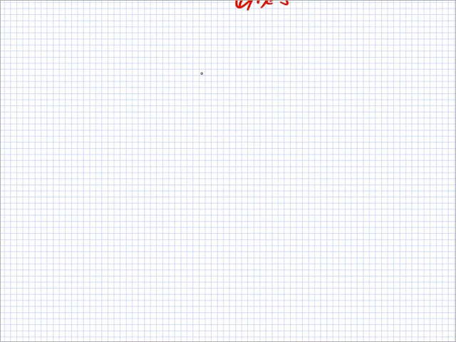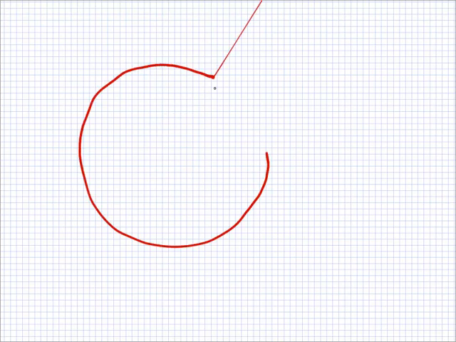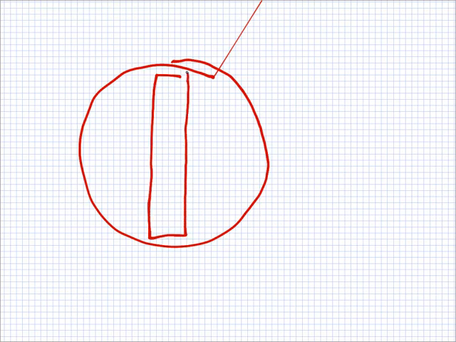So here's Earth. Come on. There we go. Right, so here's the magnet inside. There's like a magnet in here.